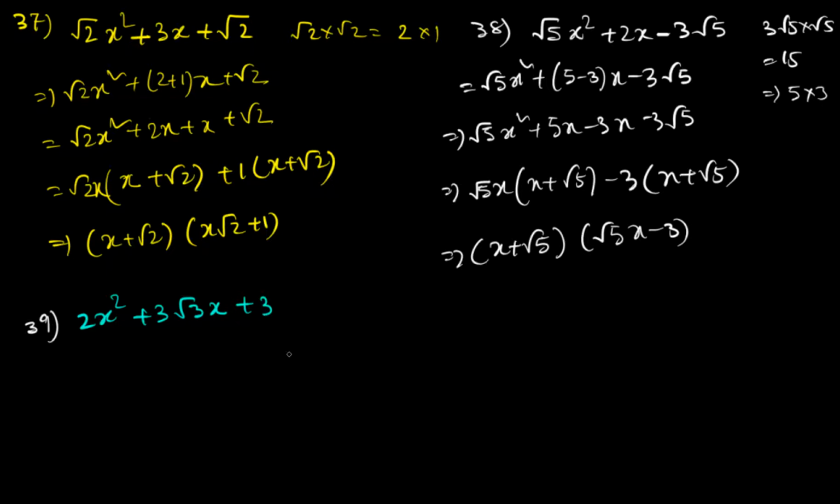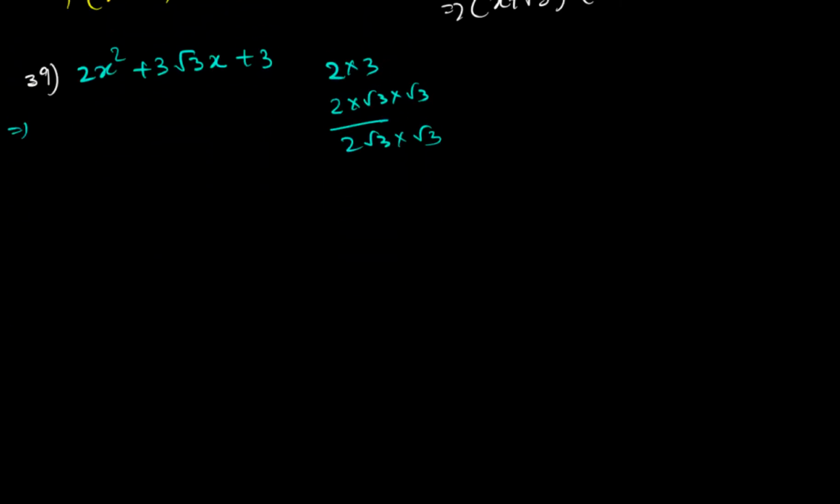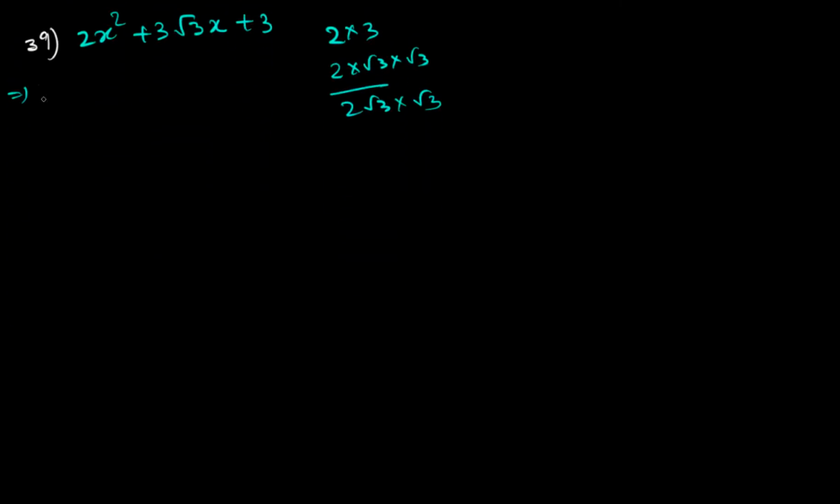So I have 2 into root 3 times root 3. So the factors will be 2 root 3 and root 3. If I add them, I will be getting 3 root 3. So as I told you, always stick to the concept.